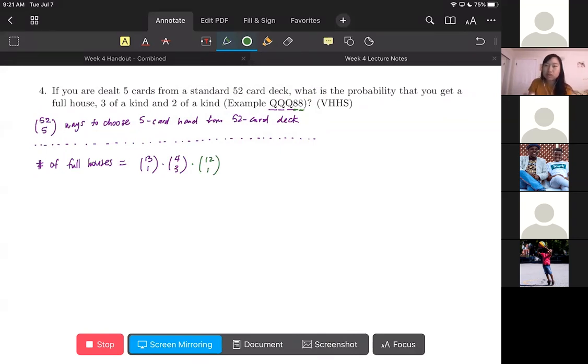And then since there's only 2 of them, there's 4 choose 2 ways that we can select 2 suits for that number. And then we basically want to multiply this and this together.